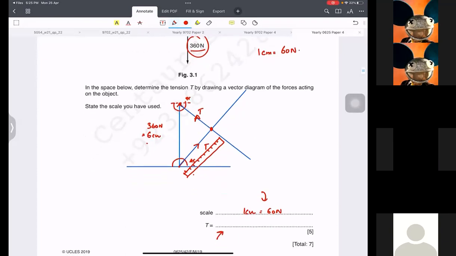So let me check the mark scheme. If your answer is between 250 to 260 newtons, that is ideal. Please make sure you have drawn that. Okay, I hope that's clear.